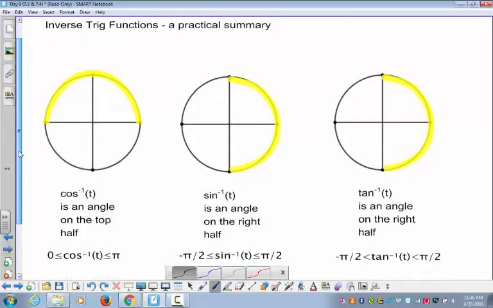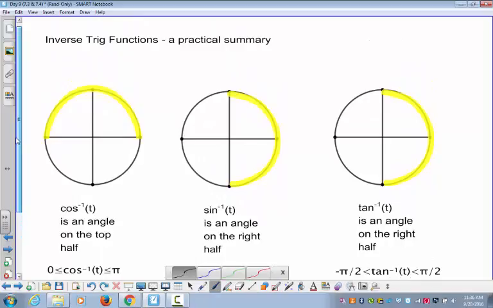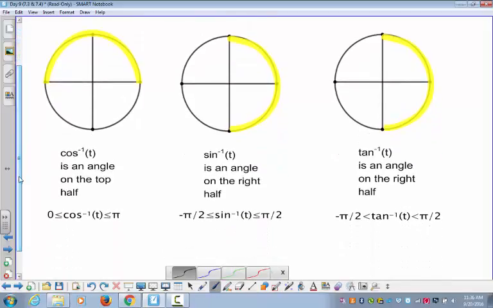So here's our little summary, a practical summary. I think it's easier to remember visually if you think about the unit circle. I think it's easier to visualize and say, oh yeah, the inverse cosine's an angle on top. Instead of keeping these endpoints in your mind all the time, it's a quick, easy summary. Inverse cosine's on top, inverse sine, inverse tangent on the right.